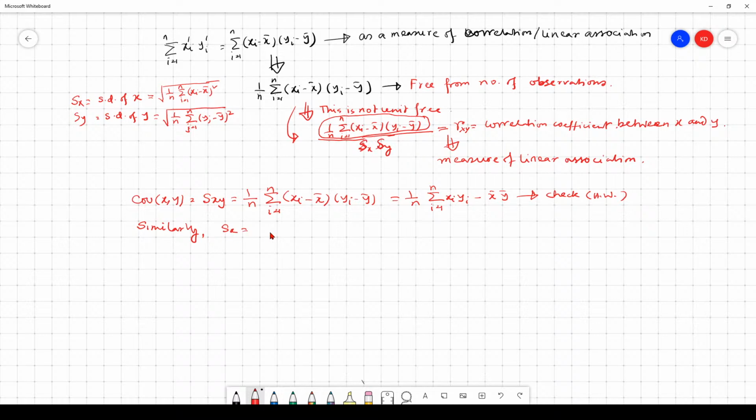So similarly, capital X squared is equal to 1 by n sum over i from 1 to small n of (xi minus x bar) whole square, which is equal to 1 by small n sum over xi square minus x bar square, and sy squared, which is equal to 1 by n sum over i from 1 to n of (yi minus y bar) whole square, which is equal to 1 by small n sum of yi square minus y bar whole square.